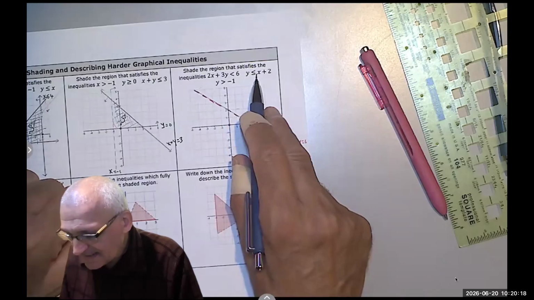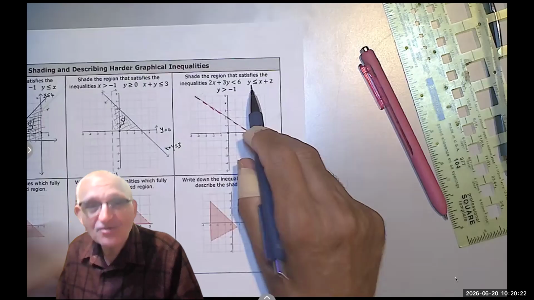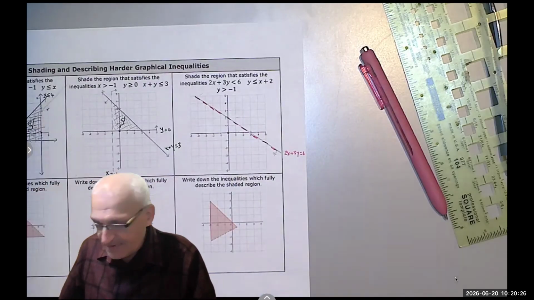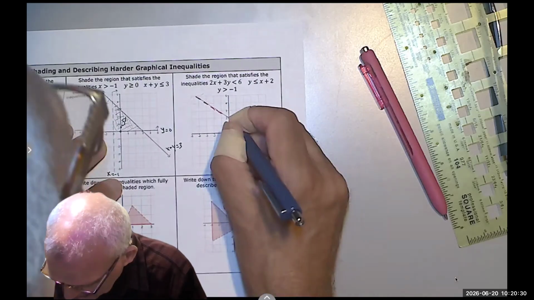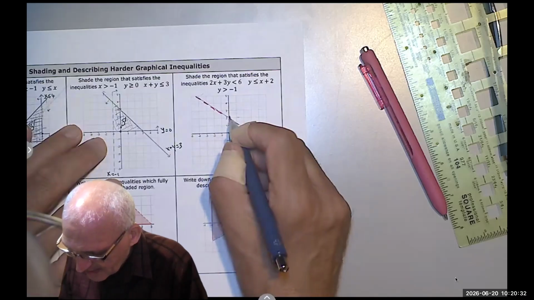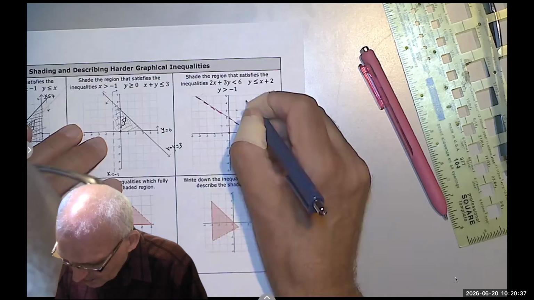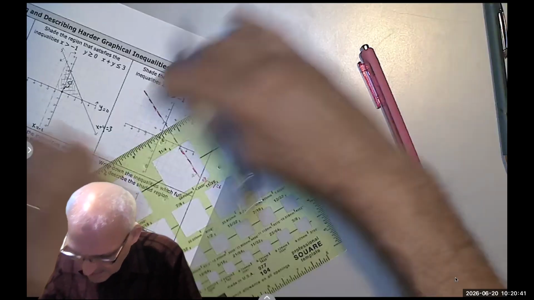Y is less than or equal to x plus 2. So that's a solid line, but it's already y equals mx plus b. The slope is 1 and the y-intercept is 2. So here is the y-intercept and the slope is 1, meaning I move 1, 1, or 2, 2, and it's easy.